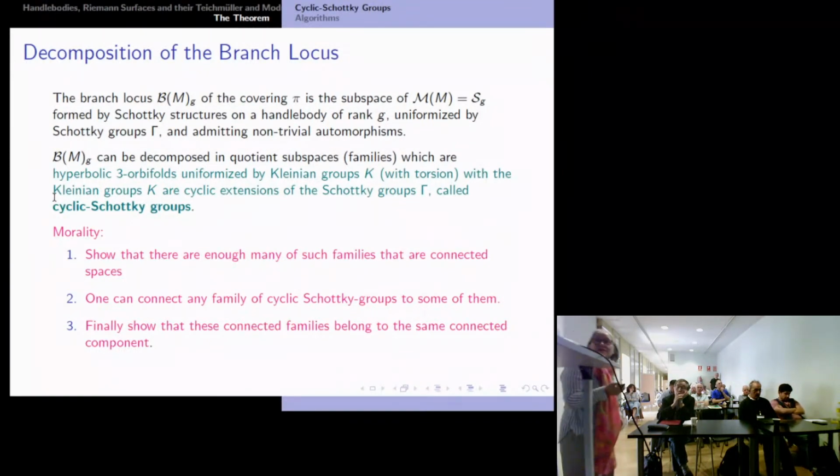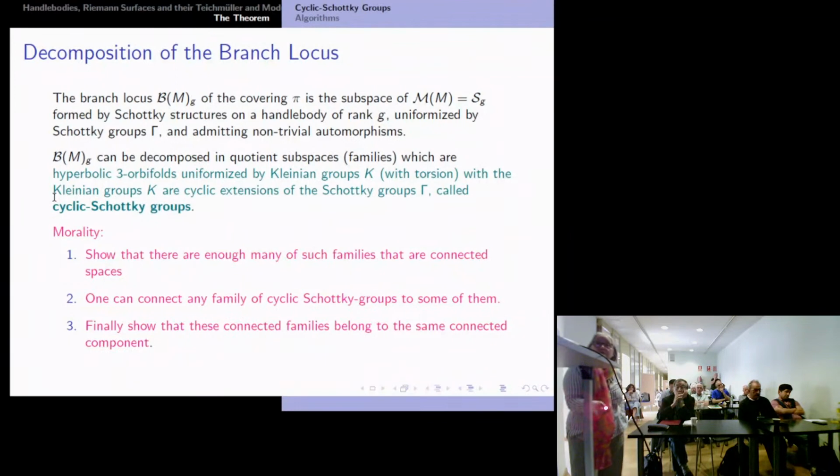So these families will be families of Kleinian groups which are extensions by a prime order cyclic group of the Schottky group, which is the fundamental group of the handlebody.